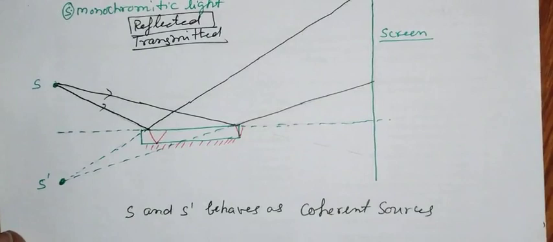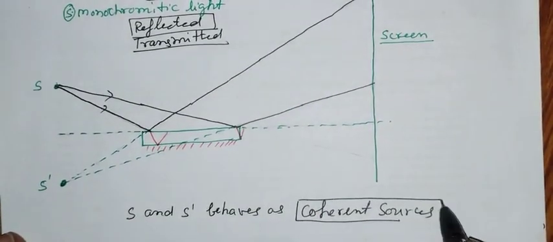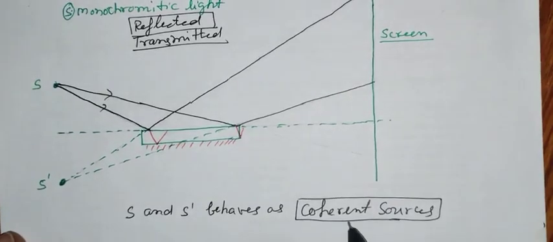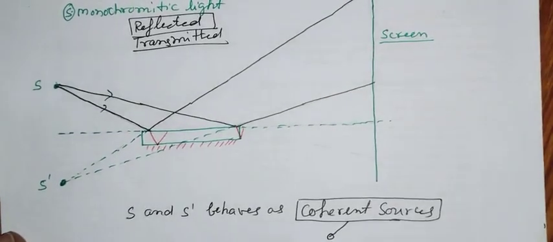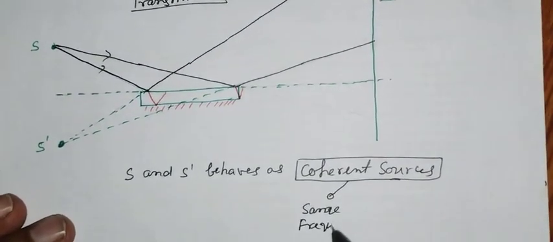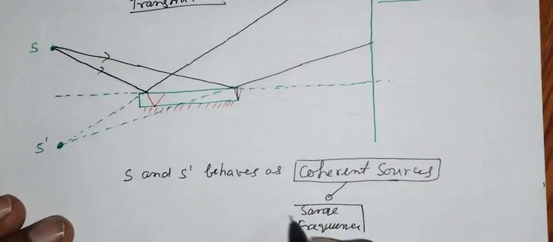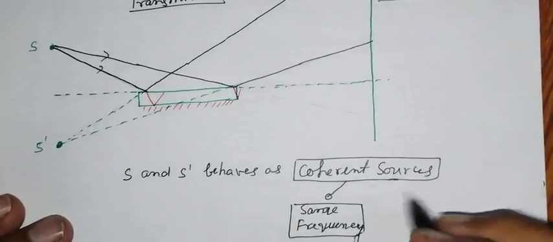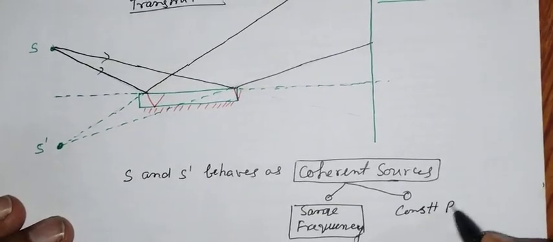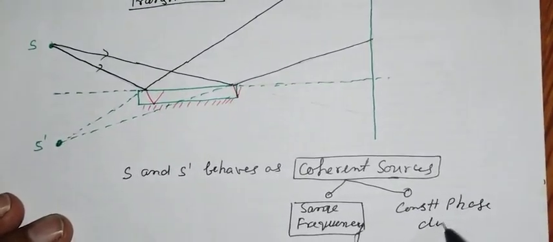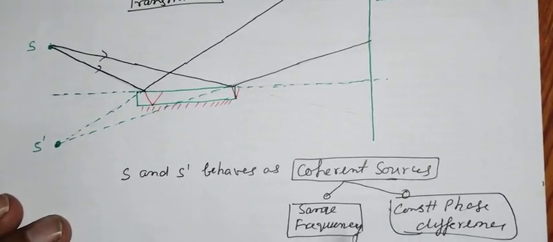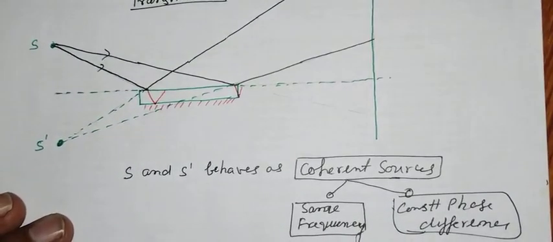We know that coherent sources fulfill the condition of interference, that is, produce light of the same frequency and constant phase difference, which is a compulsory condition of it.